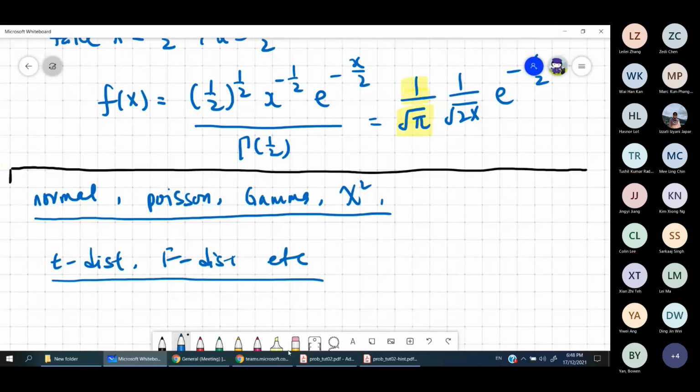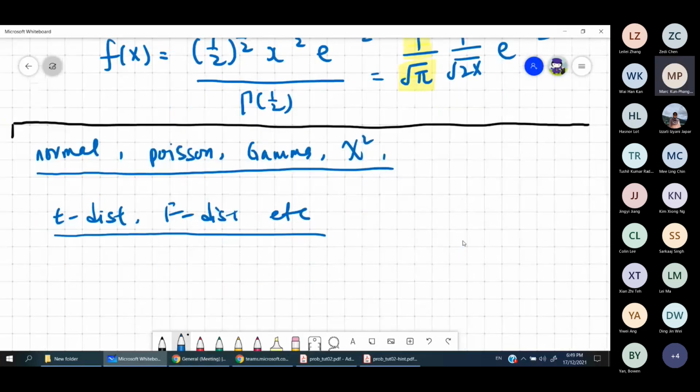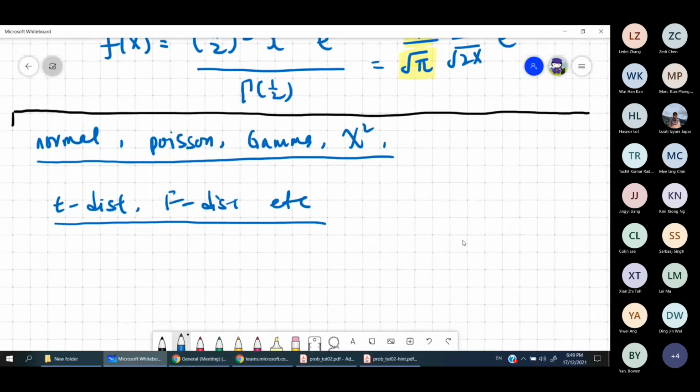And also I will provide a formula sheet for you guys, so at least you can always refer to that. Those are standard formulas for standard distributions like normal, Poisson, and so on. Of course, binomial as well.